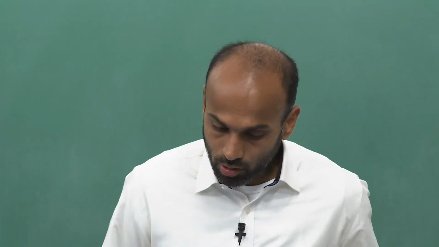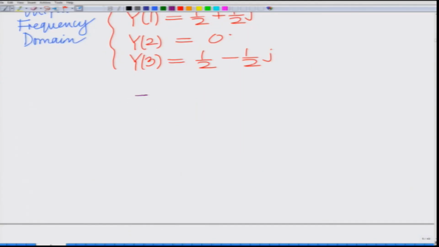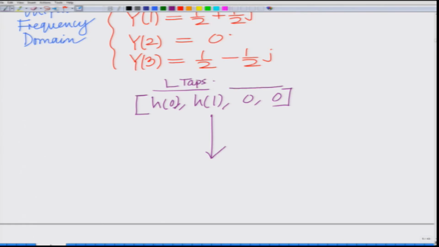So, you take your zero padded channel taps, that is h0, h1, pad them with zeros, that is n minus L zeros, you have L taps, which means you are going to have n minus L zeros for a general scenario.